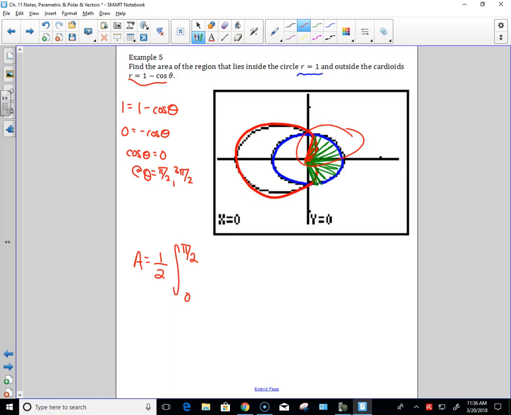But for right now, since they're traveling the same way, 0 to pi over 2, I can just subtract the outer, which is which one, squared, minus the inner. This kind of reminds you of washers, yeah? I'm putting it all in one integral because I can, since the bounds match up.